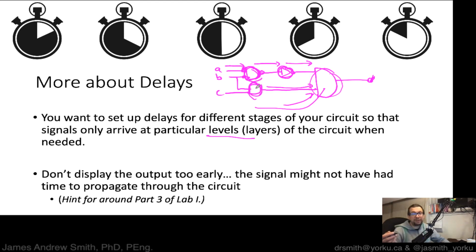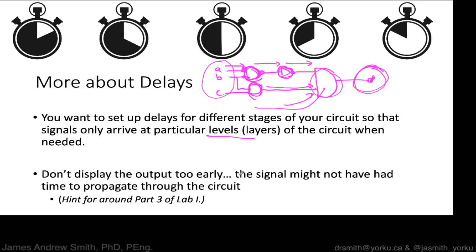That's what the delays in propagation that we're talking about are really about. So you want to plan out how it goes through your circuit, so that you don't display, for instance, the output too early, because the signal that started over at this end might in real life not have had a chance to make it all the way out here. Okay, so you have to keep that in mind as you're creating your model.